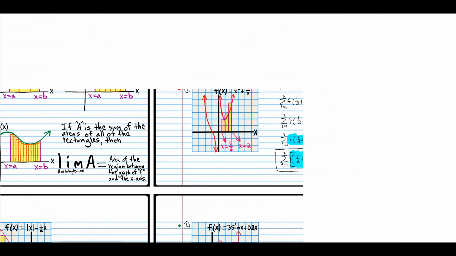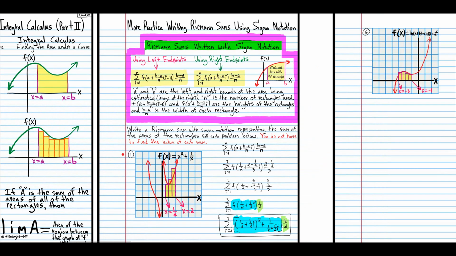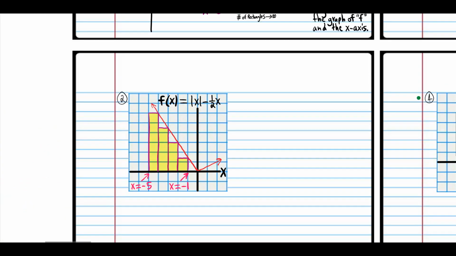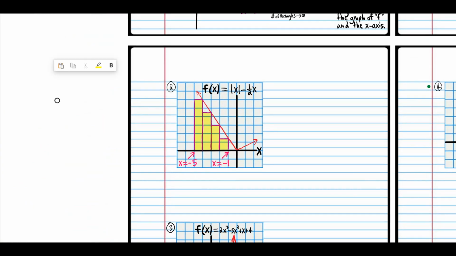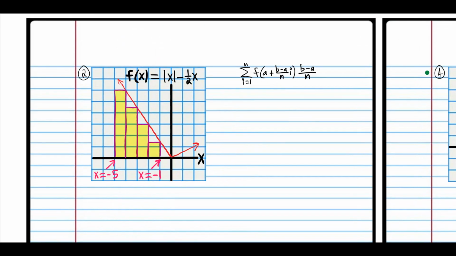So let me get my formula. I'm going to copy that. And we're going to use the formula for right endpoints again, because you can see, looking at this picture, that the upper right corners of the rectangles are touching the graph.